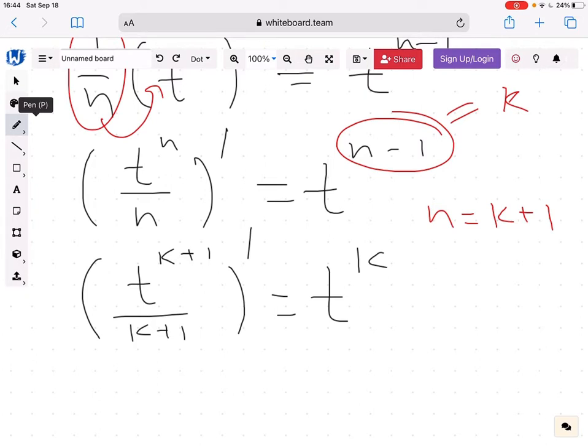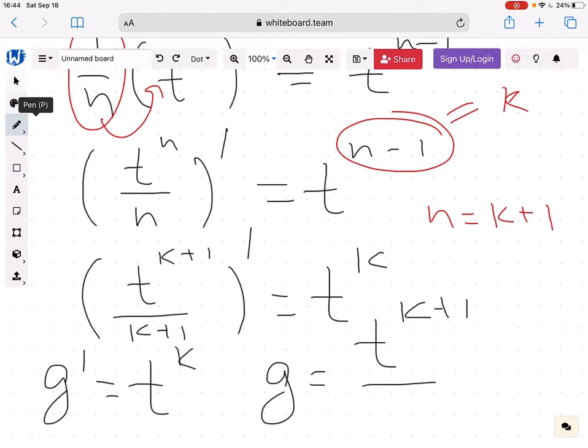So what does it tell us? It tells us that if I have a derivative of a function equal to t to the power of k, so if I have some function g prime as t to the k, in this case my g is t to the k plus 1 over k plus 1 plus an arbitrary constant.